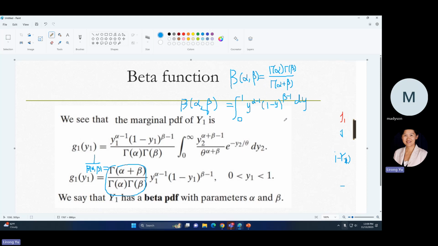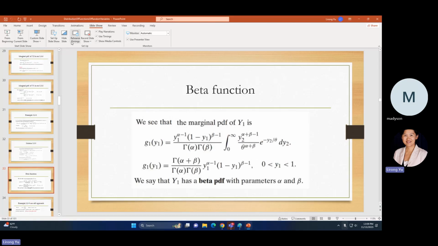This is how it is before it's integrated. We don't integrate the density function; if you integrate it, the entire thing equals 1, and that's how beta is defined. And we can prove that this beta number equals the division of those gamma numbers. Right, a couple of pieces of background information on this. So it's a special distribution.